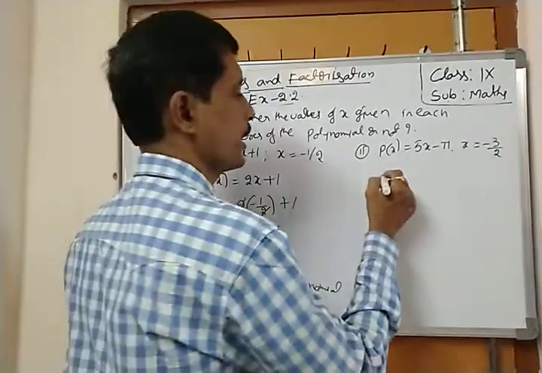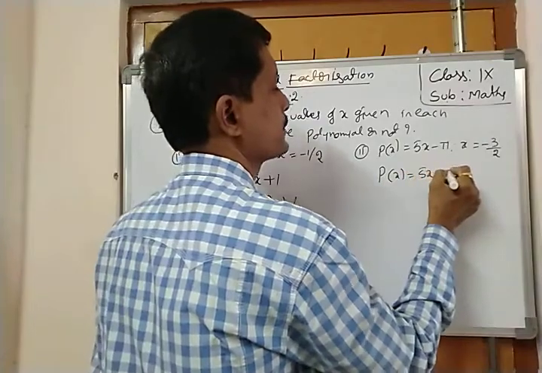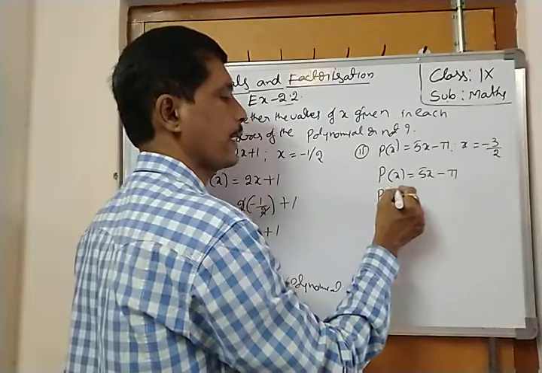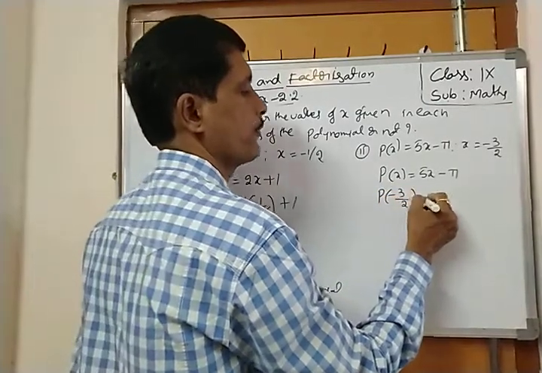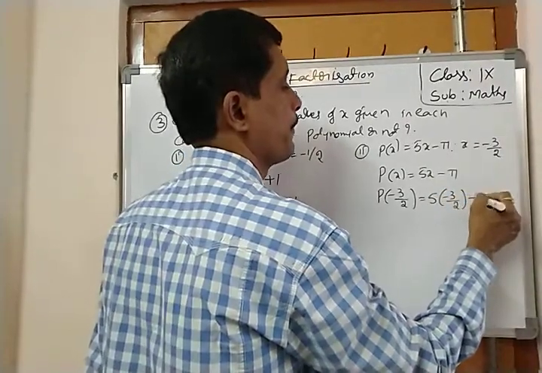Next one is also the same. Here p of x equals 5x minus 5. Substitute x equals minus 3 by 2. p of minus 3 by 2 equals 5 into minus 3 by 2 minus 5.